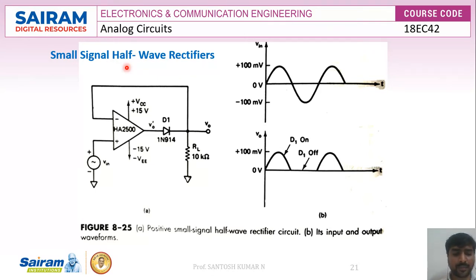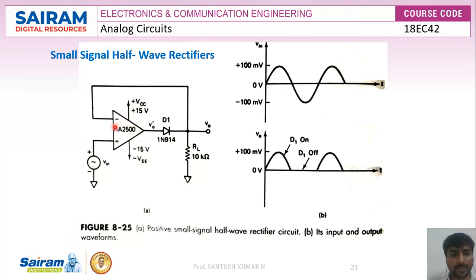This shows a positive small signal half wave rectifier. Let's consider its peak voltage is in terms of some millivolts. This will get rectified, and this is possible because of the high open loop gain of this op amp.